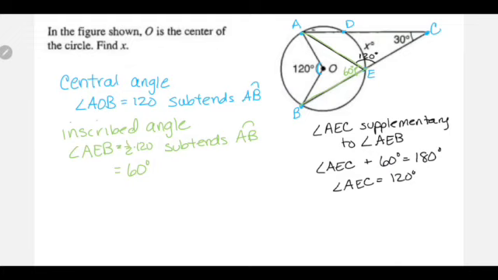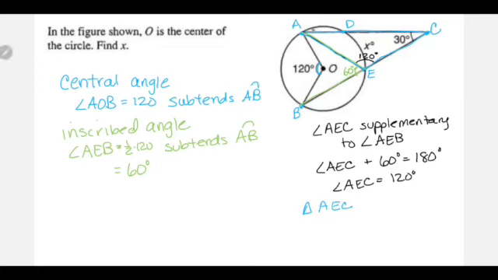Now, next up, I want to think about triangle AEC. That's this extra long triangle here. That triangle, we know two of the angles. We want to find out the third angle. And we know that every triangle, the sum of the angles is 180.